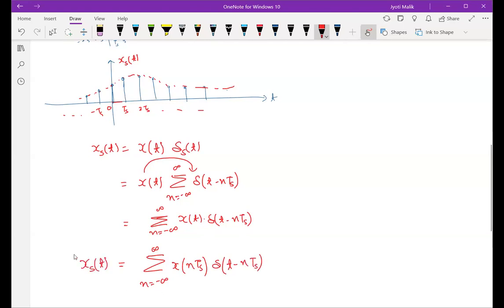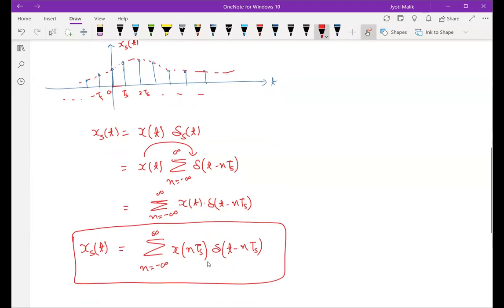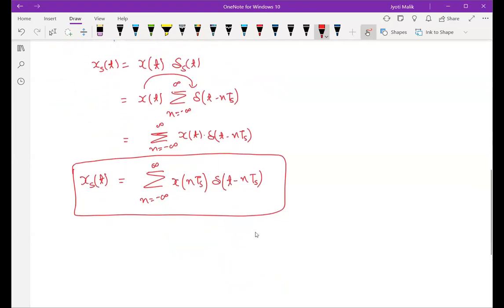So this was the mathematical expression for your sampled signal. And we did questions also based on this result.